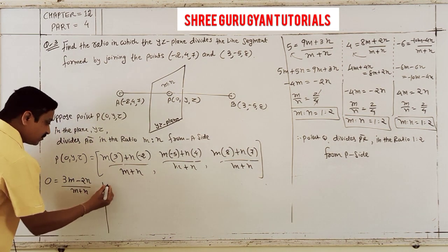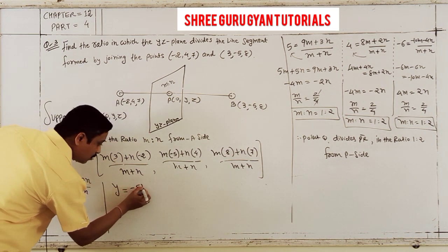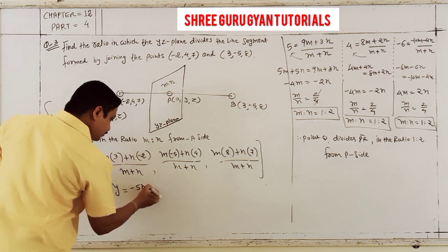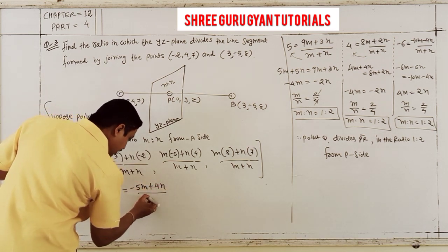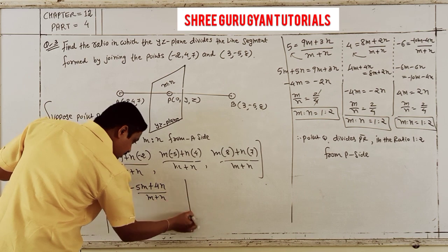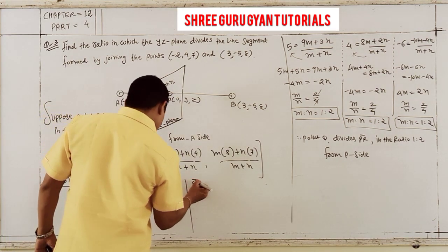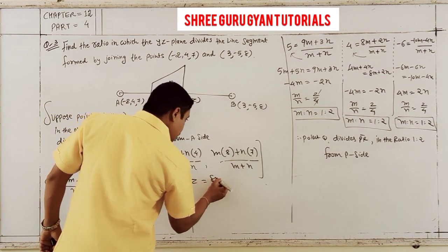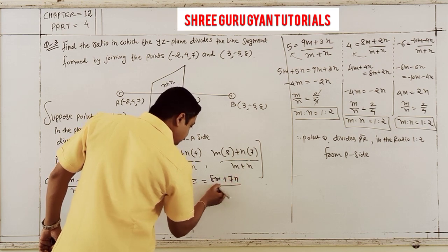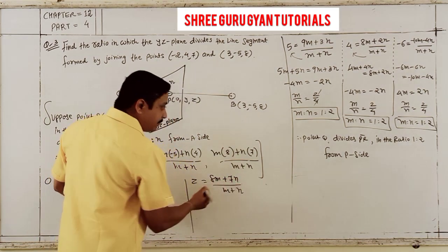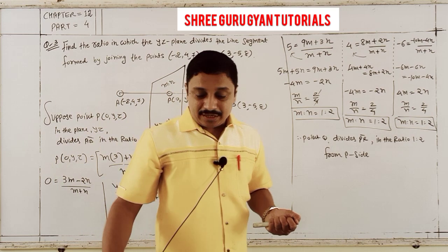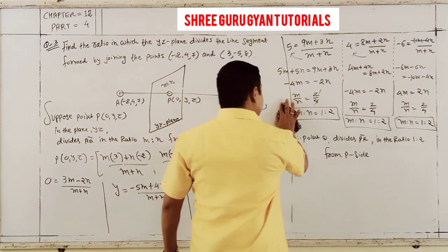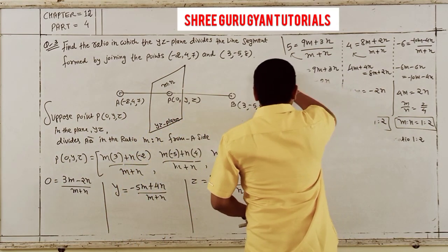Similarly, y is equal to (-5m + 4n), and third, z is equal to (8m + 7n), all over (m + n). Students, calculate the m value and the answer easily.